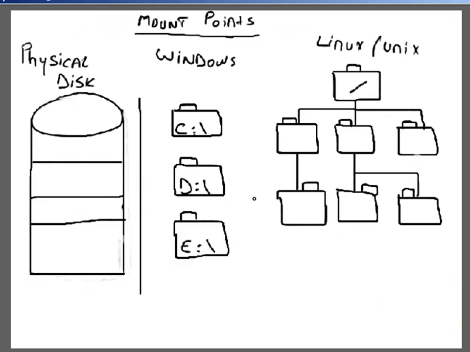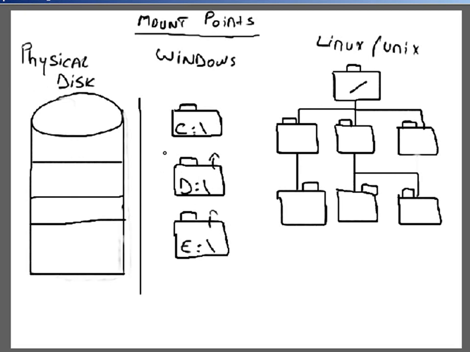Under Windows, every partition is assigned a drive letter. For example, C, D, and E. These drive letters, or these partitions, are the top level root. You can't go a level higher than C. You can't go a level higher than D. Same thing for E. These are the top level root.